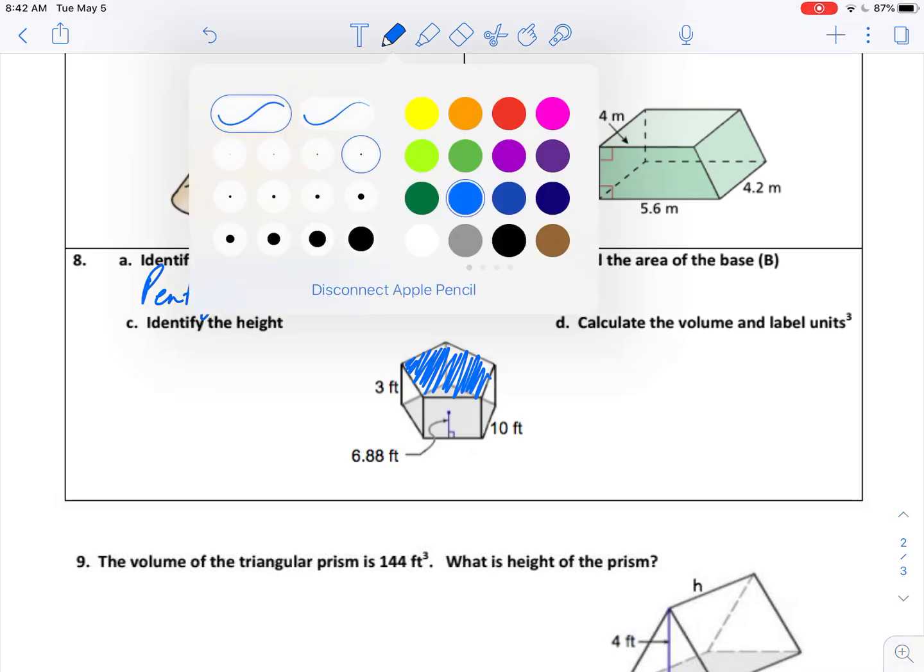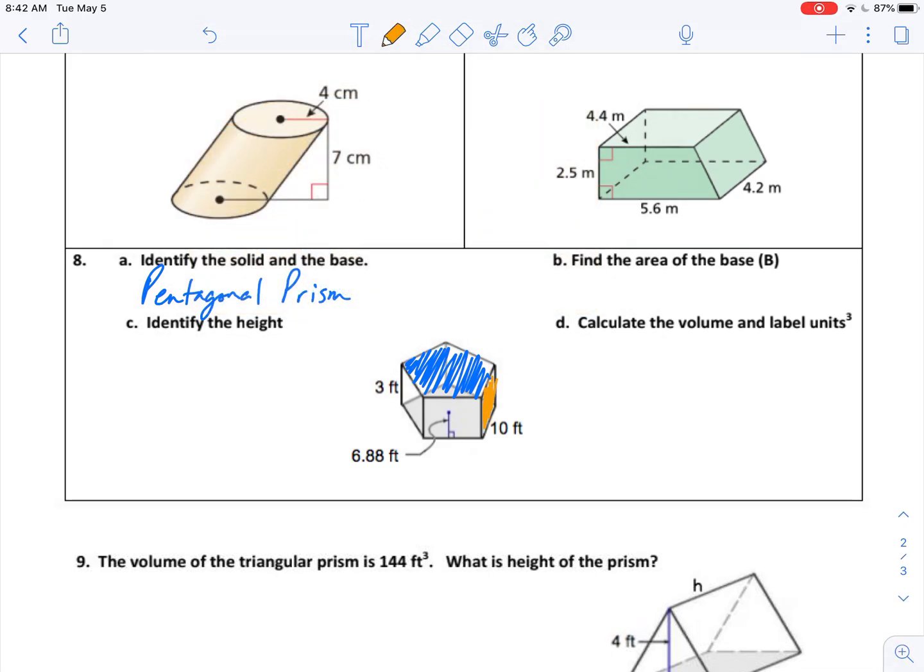You can kind of see that here's a rectangle, here's a rectangle, here's a rectangle. And the area of the base is 1/2 apothem times perimeter. That's from last week.